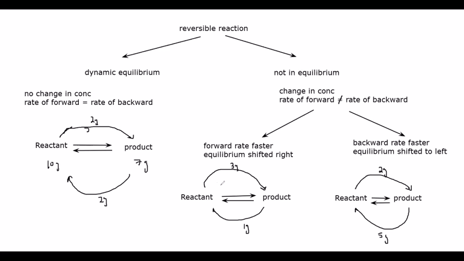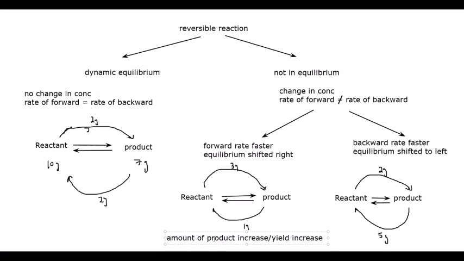And if equilibrium shifted towards the right hand side, it means the percentage of the product or amount of product increases, or we can also say the yield will increase.